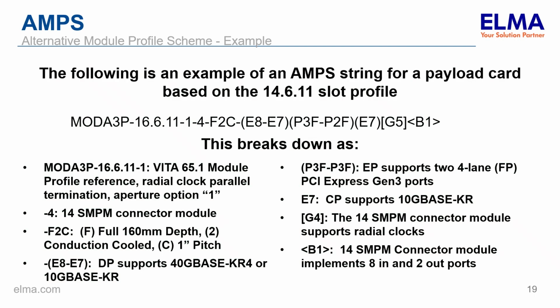Here we see a hypothetical plug-in card described by an AMP string. What this string tells us is that it's a 3U card based on the 14.6.11 slot profile, that it implements ref clock and aux clock with parallel terminations suitable for radial clocks, that it has a -4 connector module, which translates to a 14 SMPM module per table 13.2.11.2-2 in the technical standard, and that it is a full 160 mm depth conduction cooled with 1-inch pitch card by the -F2C parameter.